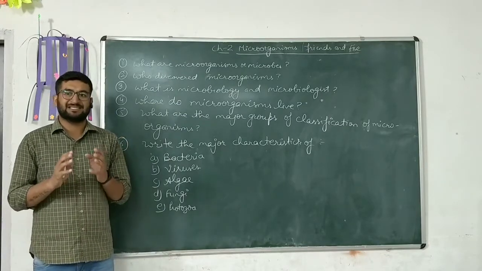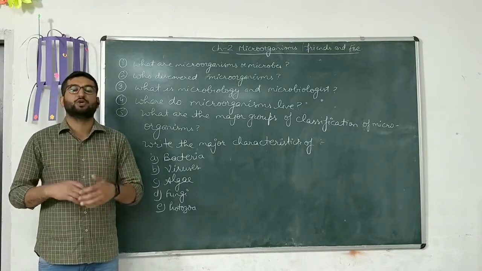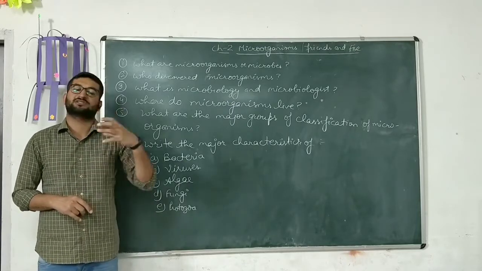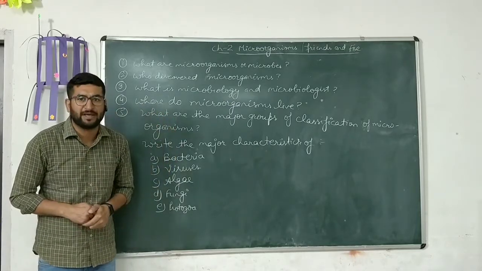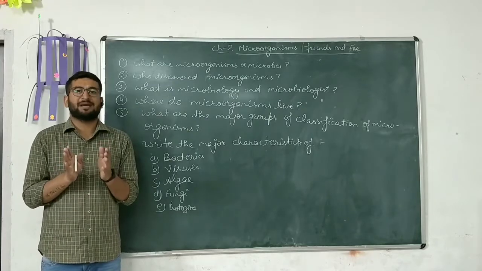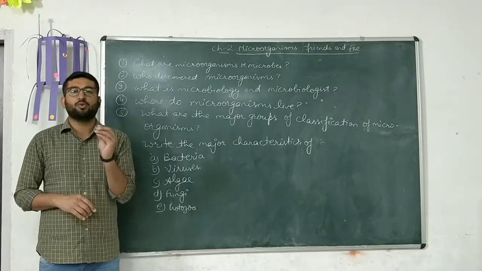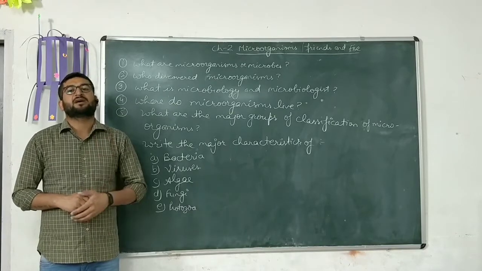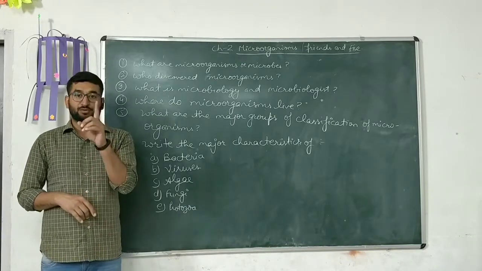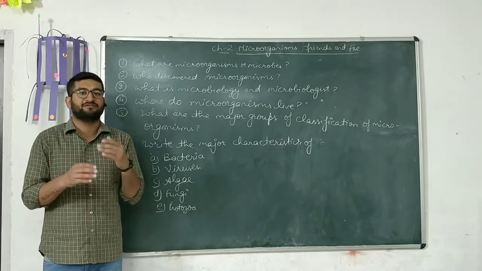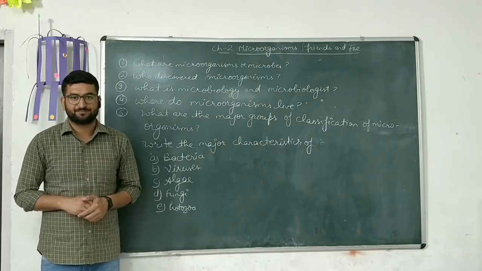A.V. stands for Anton van. He discovered the first microorganisms, the first living cell, by observing pond water in his self-made compound microscope. He was also the scientist who discovered the first microscope.